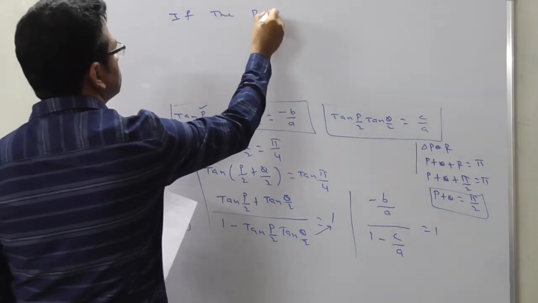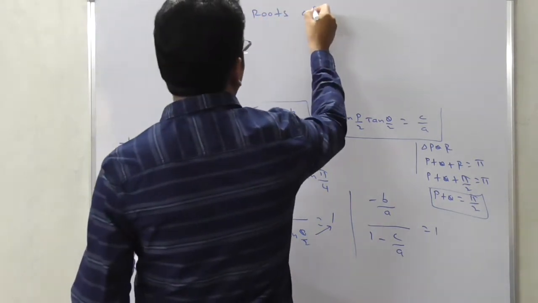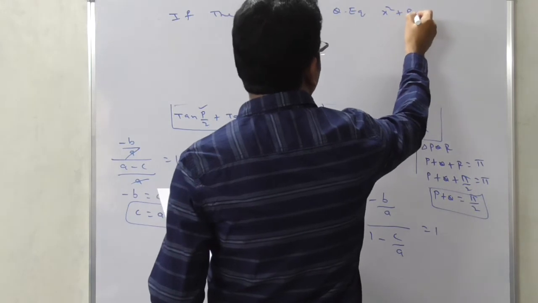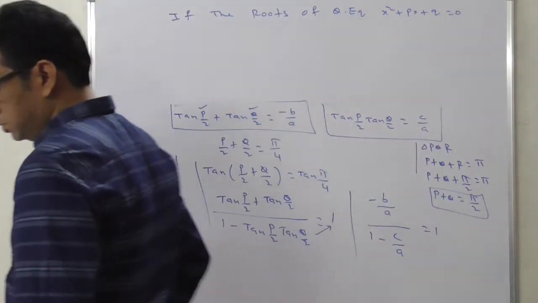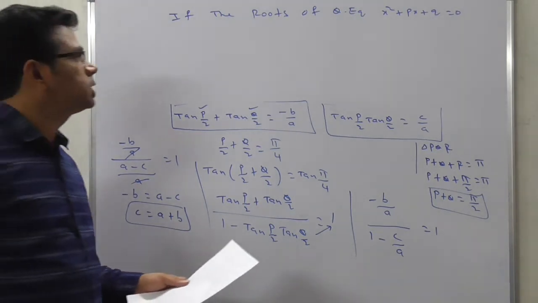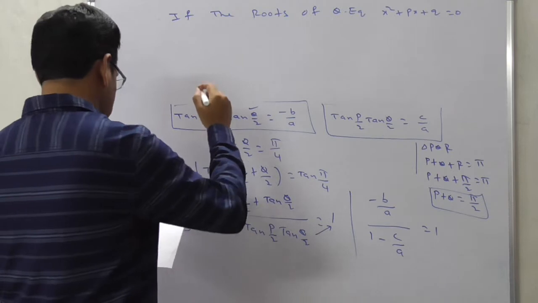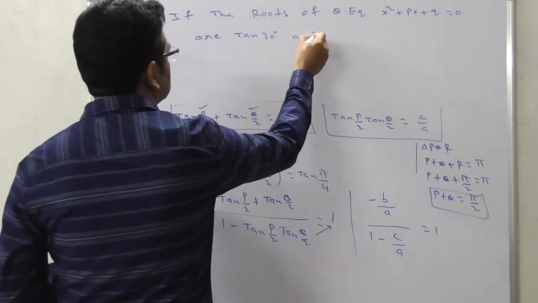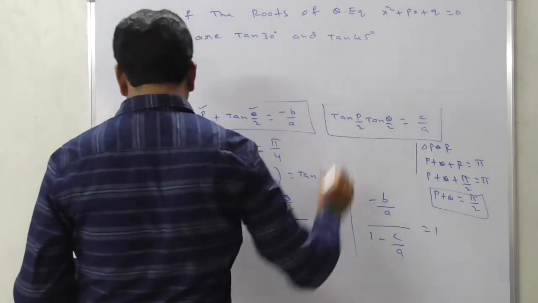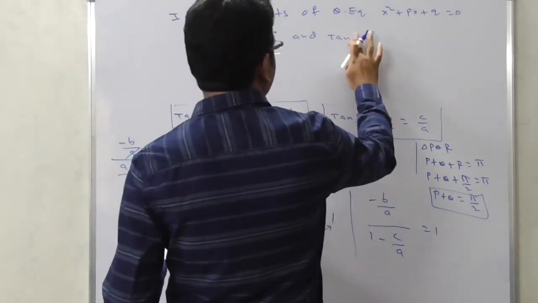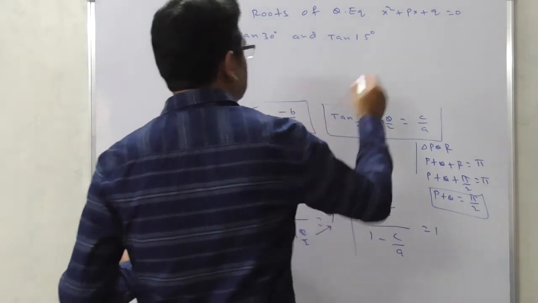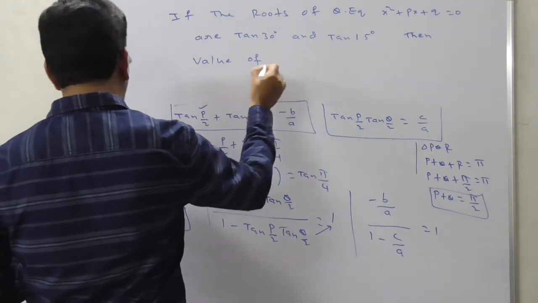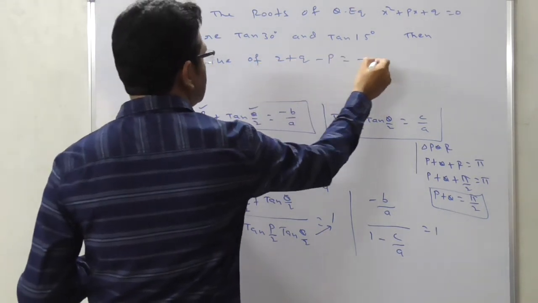If the roots of quadratic equation x square plus px plus q equal to 0 are tan 30 degree and tan 15 degree, then the value of 2 plus q minus p is equal to?